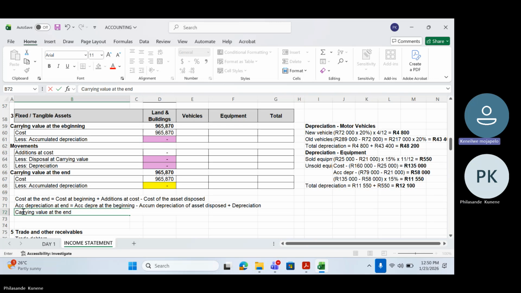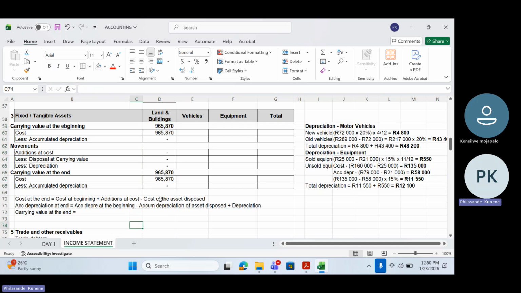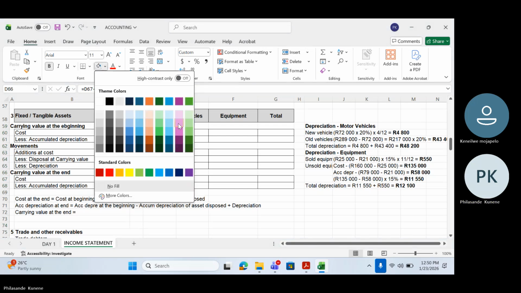They will help you for the rest of your life. As long as you're doing accounting, these formulas must always be in your head. Okay, let me just unhighlight everything. This amount, carrying value at the end. Can you see that one?